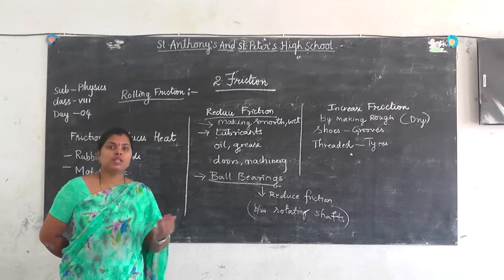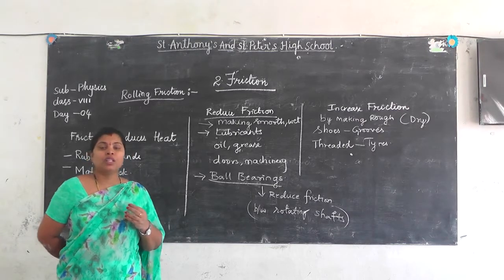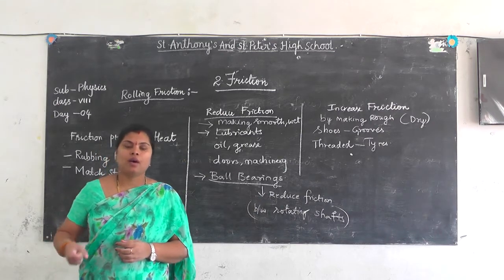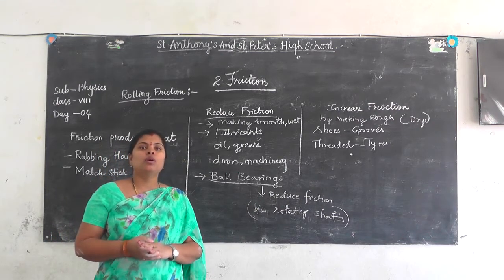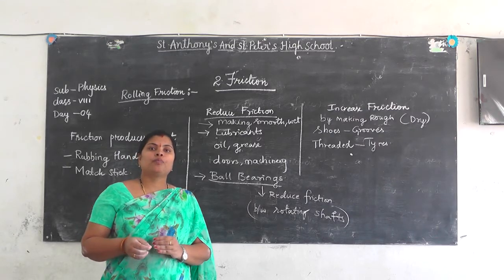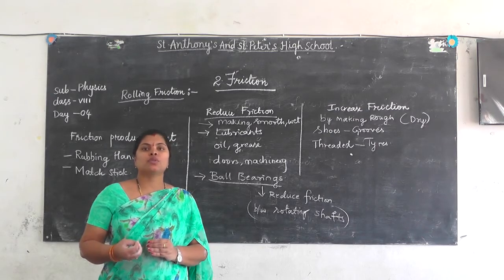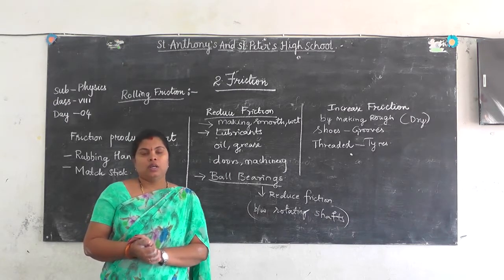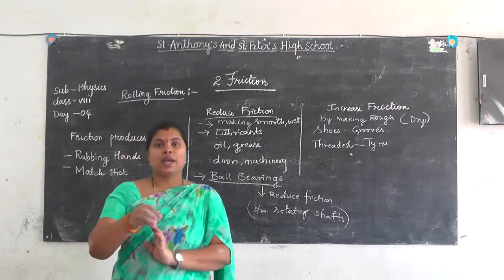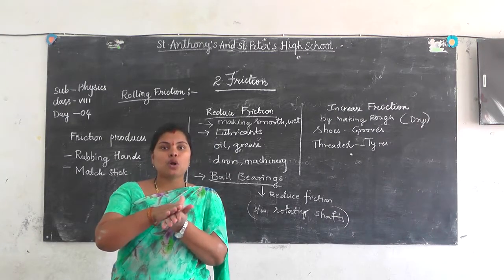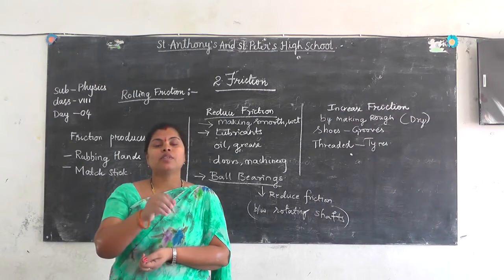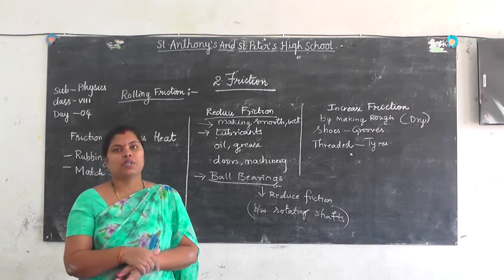It is so easy to move the luggage instead of lifting it. You need less force to carry the luggage. So when one body is rolling over the other body, the frictional force offered by the surface is called rolling friction.